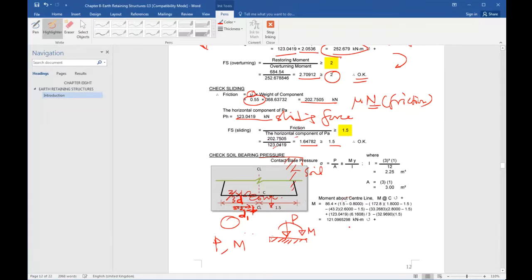Now, what will happen for the pressure under the P, and also the section under a moment? It will give you this sort of distribution.